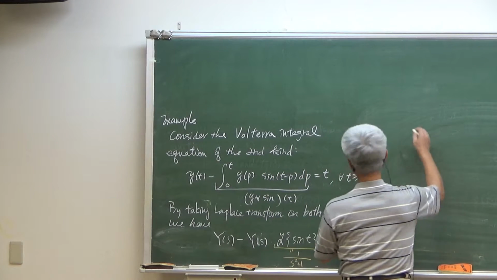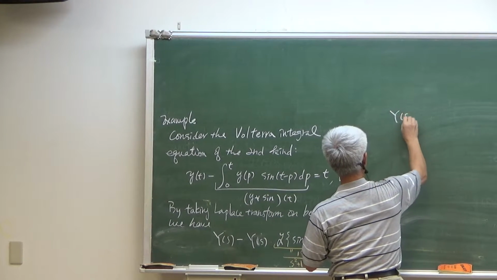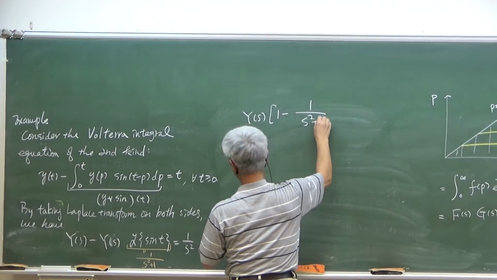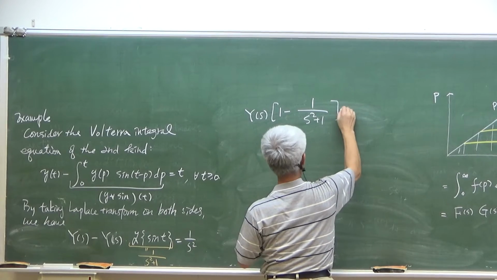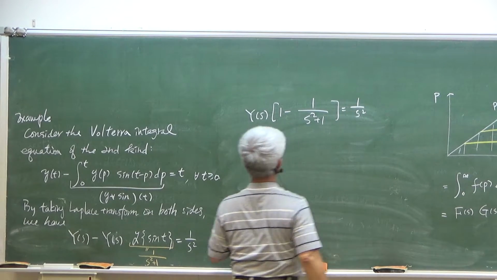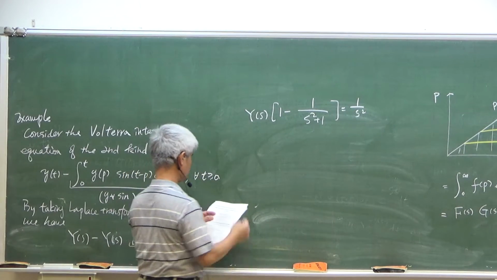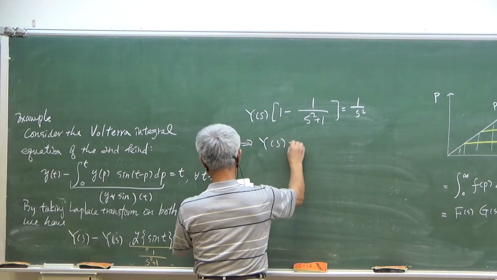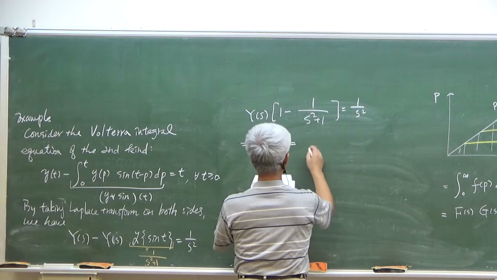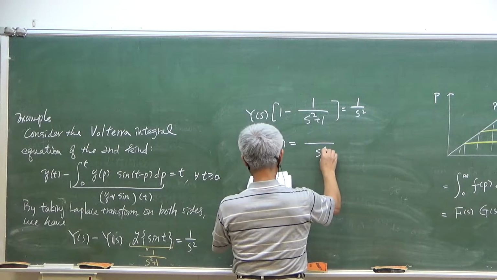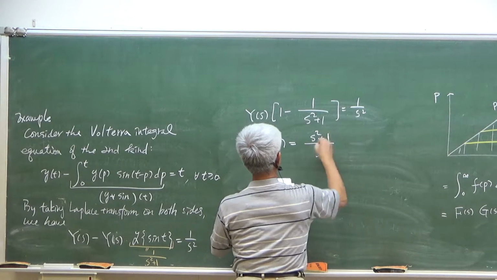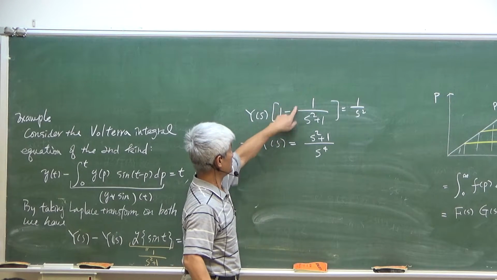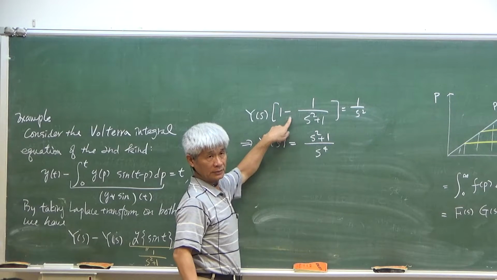Okay, so now Y of s times (1 minus 1 over s squared plus 1) equals 1 over s squared. This implies that Y of s is equal to (s squared plus 1) over s to the fourth, because this comes to s squared divided by s squared plus 1.